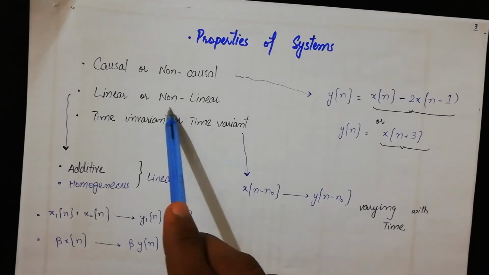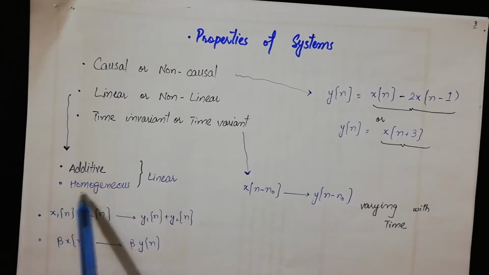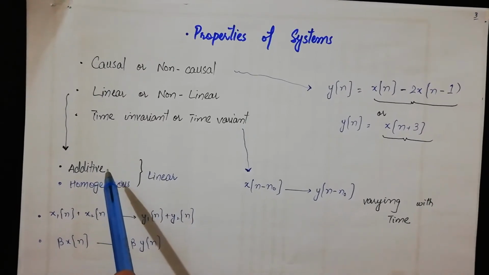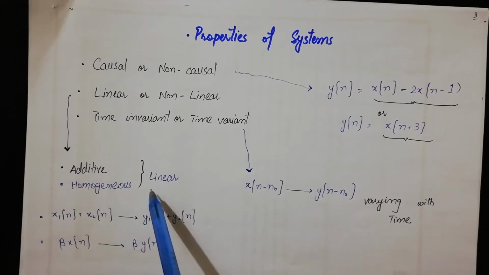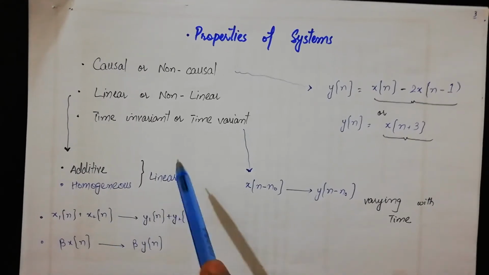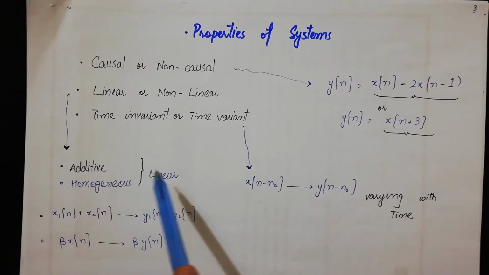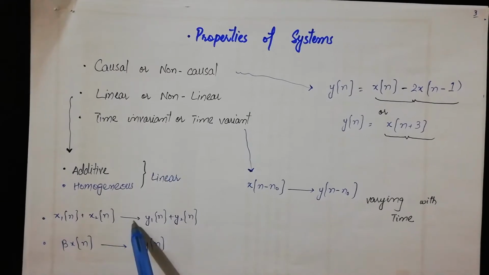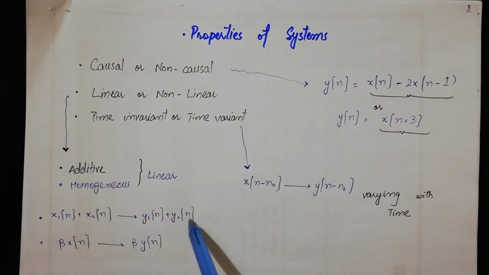Then comes linear or non-linear. Linear systems are those which satisfy two properties: additivity and homogeneity. If the function is additive and homogeneous, then it is called linear. If one of the properties is not satisfied, then it can never be a linear function. Additive property: when we add the inputs of two systems, we get the output of the two systems.